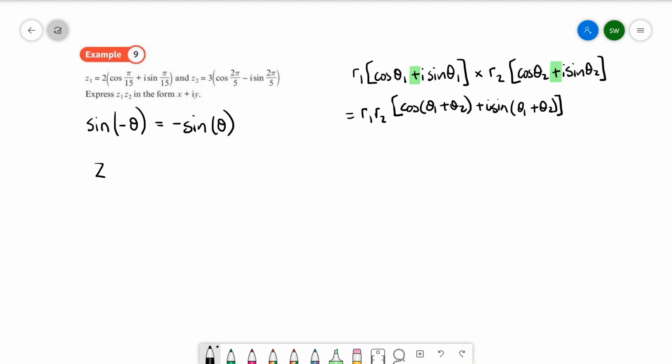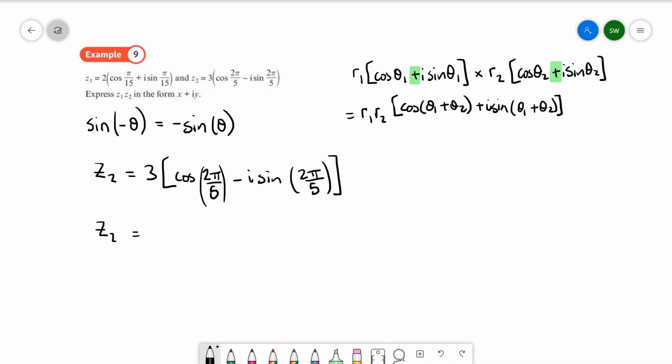So if we have this complex number z2, which is 3 cos of 2 pi over 5 minus i sine of 2 pi over 5, then we're going to use this fact, and actually we can take this minus and put it inside the bracket of sine.